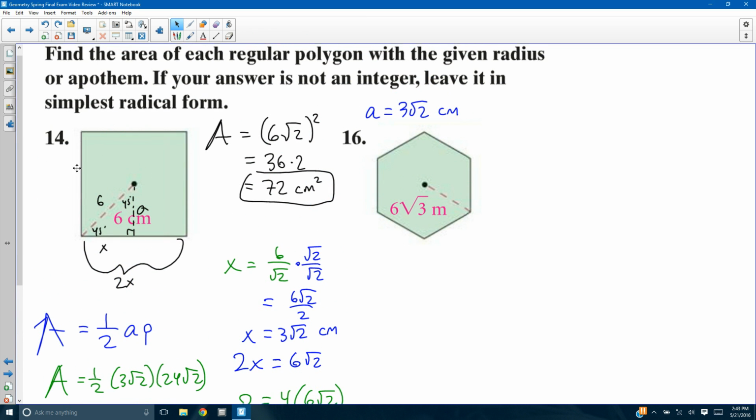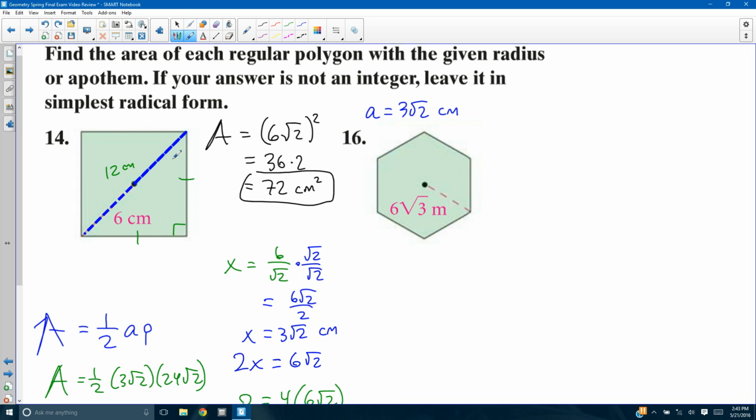Final way to go about this problem, well, I'm sure there are even more than this, but a final way to go about this problem is you know that this is also a radius over here, and that should also be 6 centimeters. So this full diagonal in total is 12 centimeters. And as we know with a square, sides are congruent and angles are right. So we are now looking at a 45, 45, 90 triangle that's even bigger. With a similarity ratio of 1 to 2, it's twice as long as the smaller right triangle I was looking at.